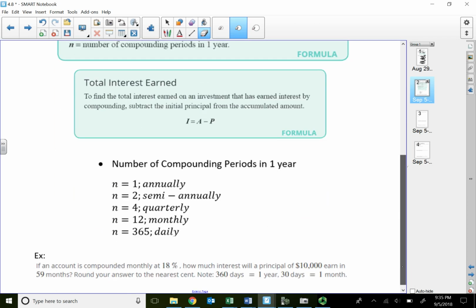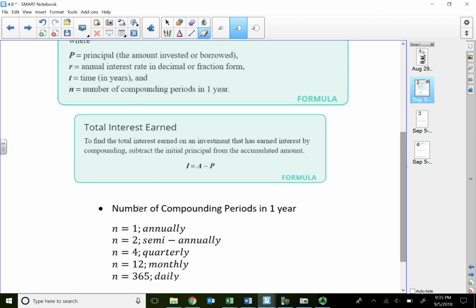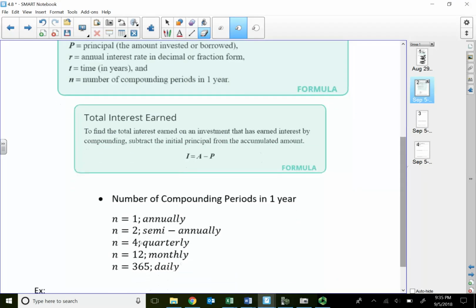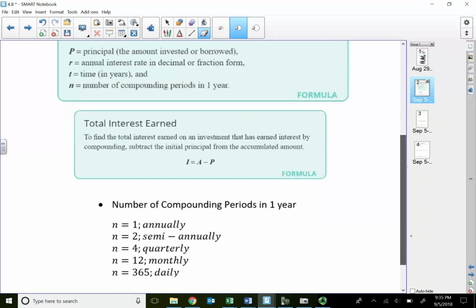There are different ways we can do compounding. If it's compounding annually, that means my n is equal to 1, so I will put 1 in the formula. If I'm compounding semi-annually, that means my account will roll over twice in a year, so it will do the computation I just showed you 2 times in 1 year.